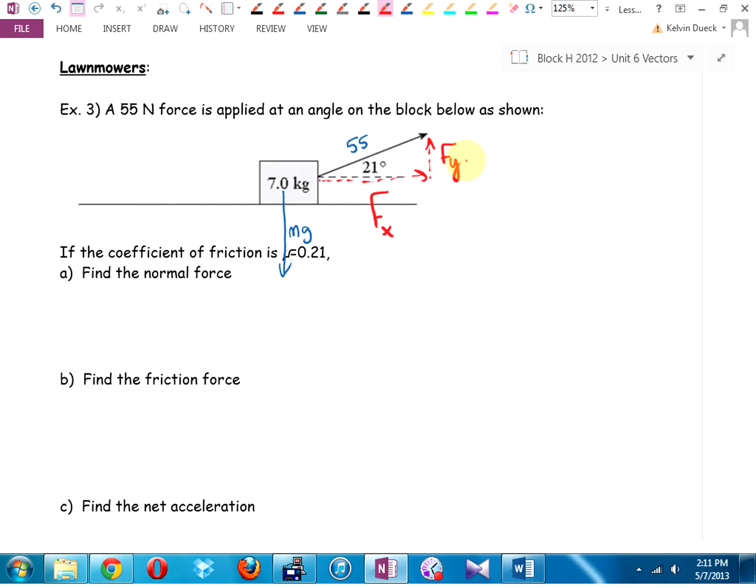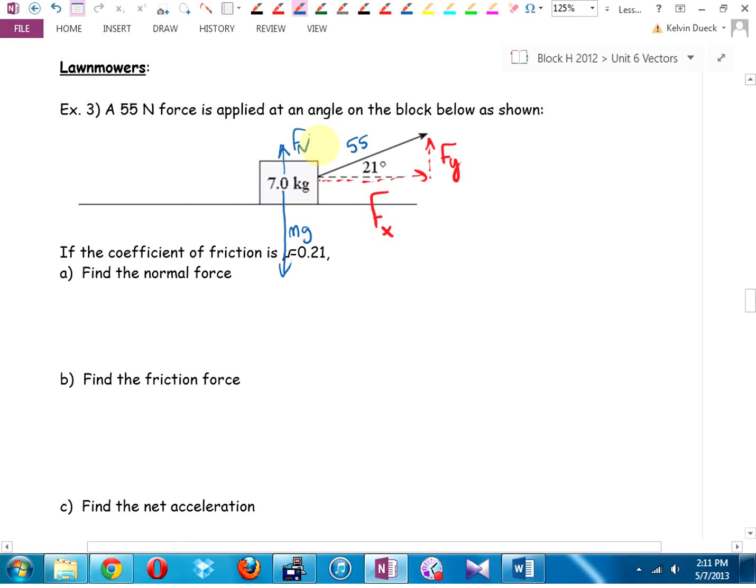But this vertical section here is canceling out part of gravity, so the normal force is bigger or smaller than gravity? It doesn't have to be as big, it's smaller. So I'm going to draw on my diagram here a really exaggerated little tiny Fn just to make it stand out.